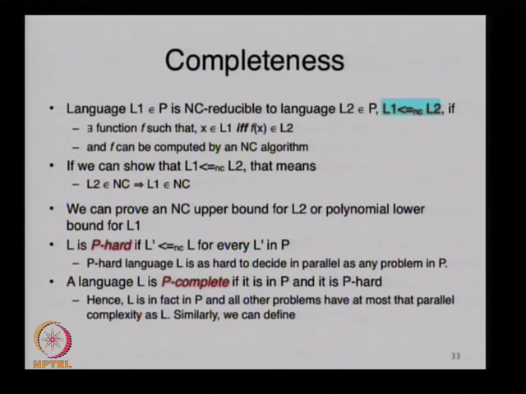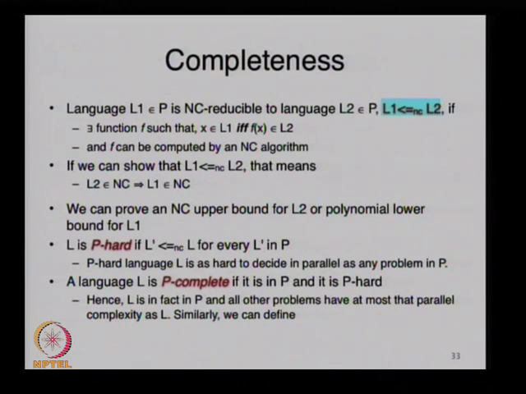If I can compute this efficiently and I can recognize L2 efficiently, that means I can recognize L1 efficiently. Because if I don't know how to recognize L1, I know how to recognize L2, and I know how to map a problem from L1 to L2. And so I simply map the problem and call this subroutine to answer that question.